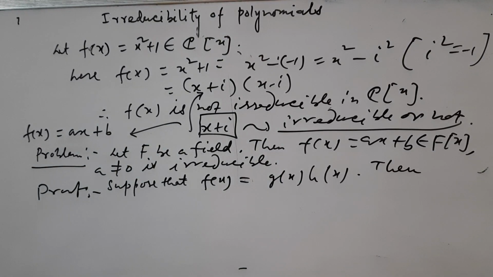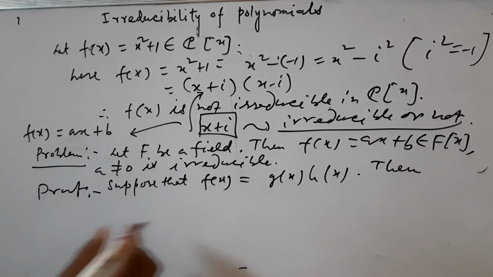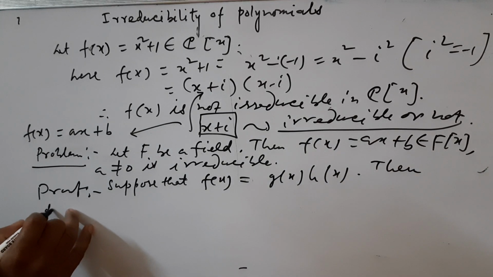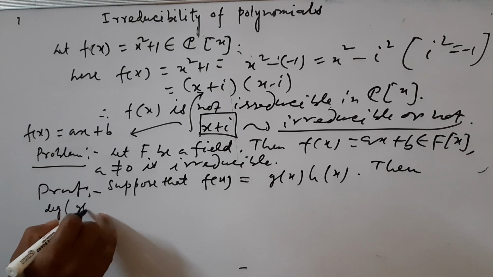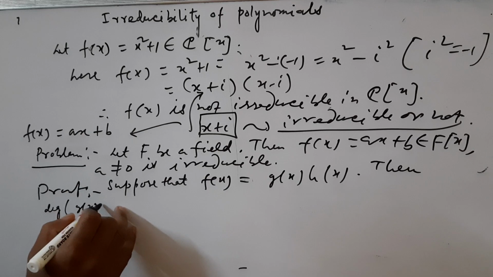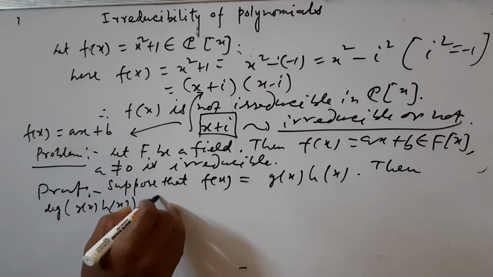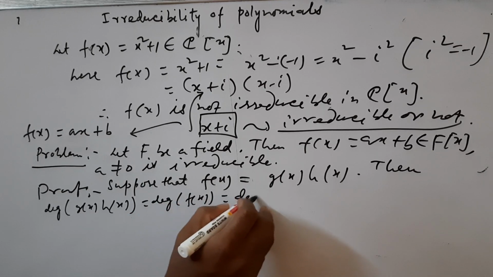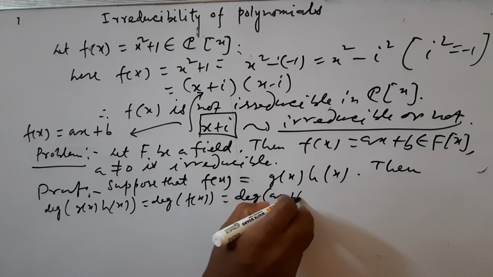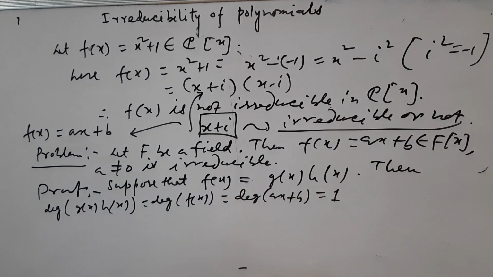Then degree of g(x)h(x) is degree of f(x), and degree of f(x) is degree of ax plus b, and it is 1.